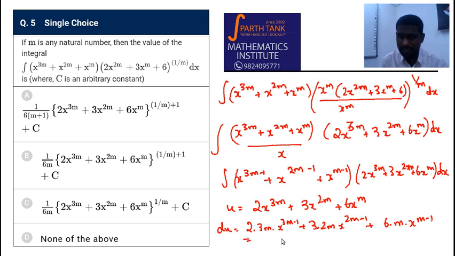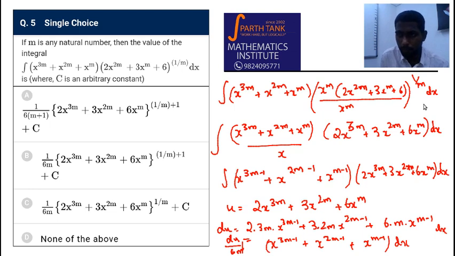So if I take 6m constant to the other side, because here I have 6m, 6m and 6m, I can write du by 6m is x raised to 3m minus 1 plus x raised to 2m minus 1, excuse me, I missed the dx here, x raised to m minus 1 dx. So you see, this whole term became du by 6m, and this term is just u to the power 1 by m.